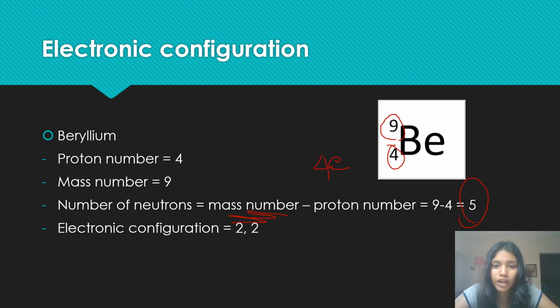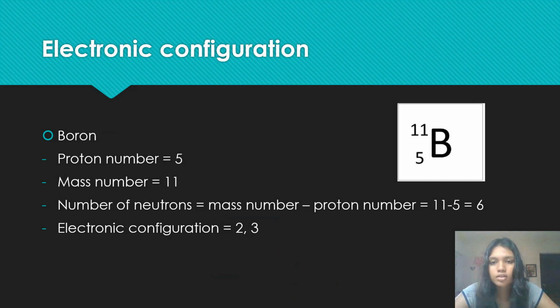For the electronic configuration, 4 electrons, 2 in the first shell. The first can only have a max of 2. The leftover is 2. This also means that it is in the second group because it has 2 in the last shell, and it is in the second period because it has 2 shells. 2 comma 2 means 1 shell plus 1 shell, 2 shells.